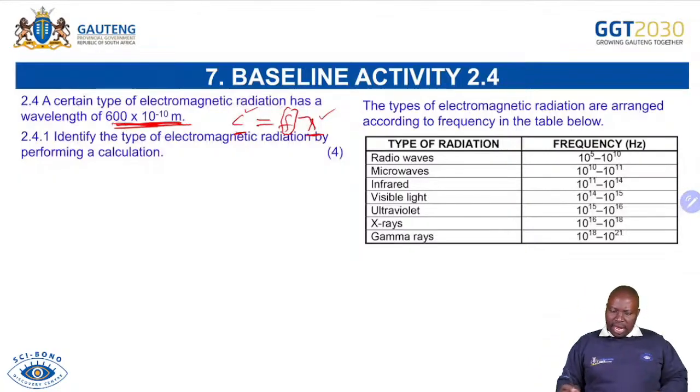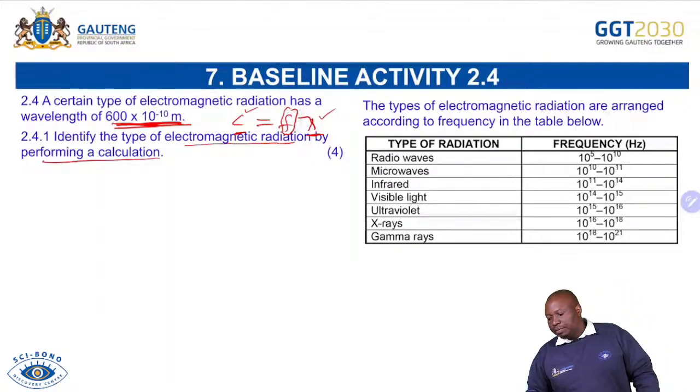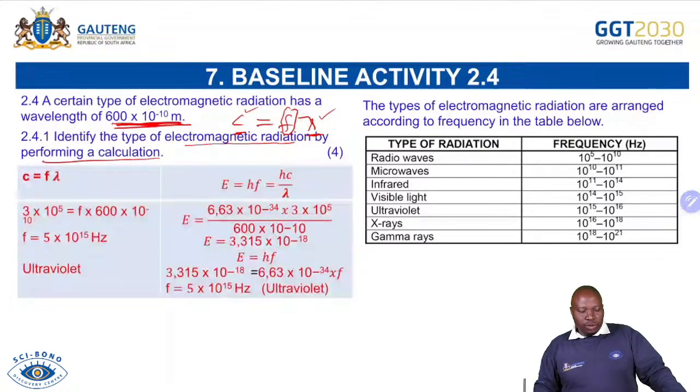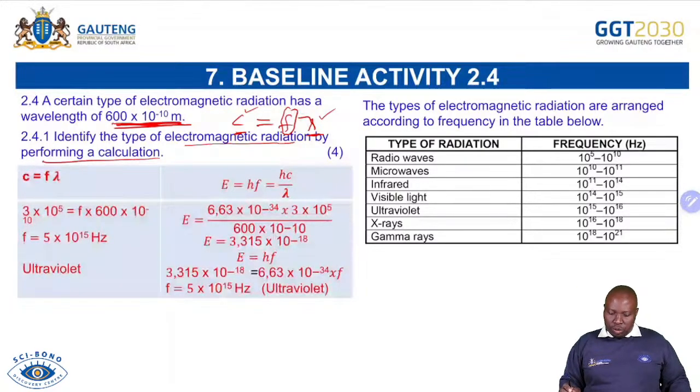The question was, identify the type of electromagnetic radiation by performing a calculation, which means when you get your frequency, you must come to the table and identify which of these has that frequency. If you do that calculation, you will substitute 3 times 10 to the power of 8 as your speed of light, and you substitute your wavelength as well, and then you are able to get your answer.